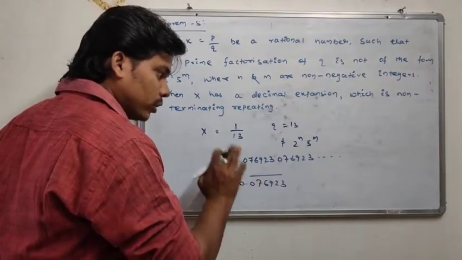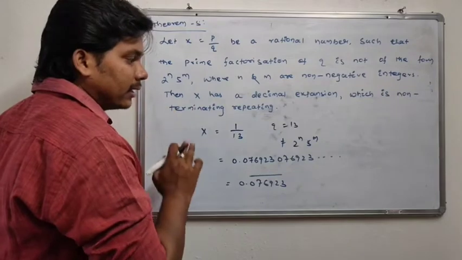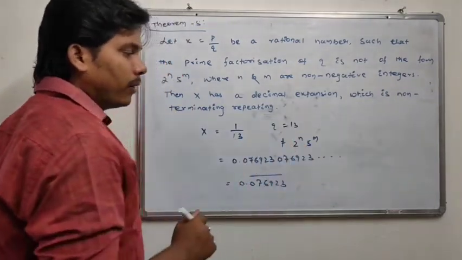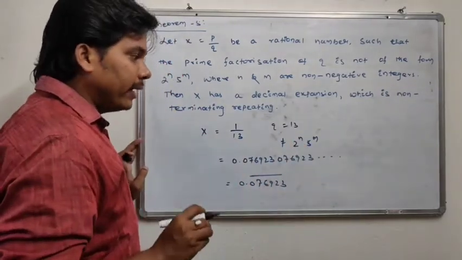That's why this is also a rational number, and it is not in the form of 2 power n into 5 power m. Then what will we write here?